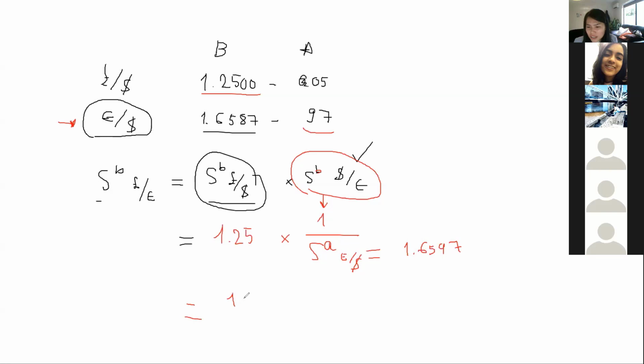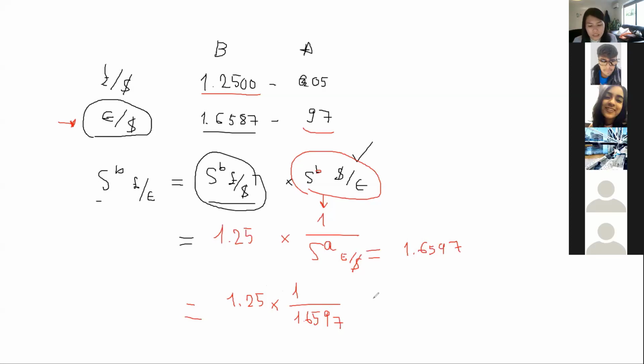So here you're going to take 1.25 times 1 divided by 1.65. 0.7531. Exactly, spot on. So here it's going to be 0.7531. Okay. Spot on, guys. Well done for this part.